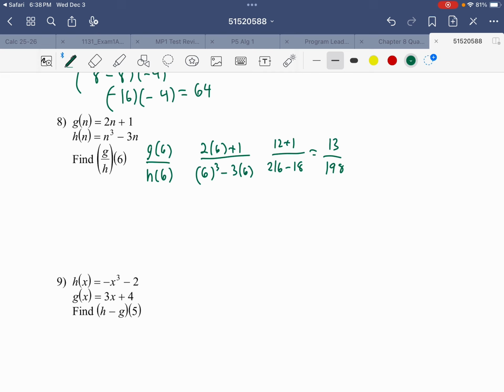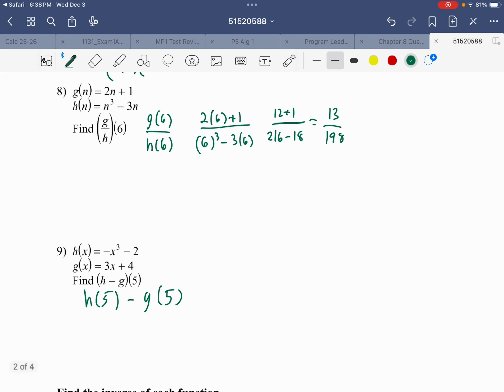If I'm trying to find h of 5 minus g of 5, h of 5 is going to be equal to negative, and then it's raising 5 to the third and then multiplying it by a negative 1 is how I think about this. And I'm subtracting 3 times 5 plus 4.